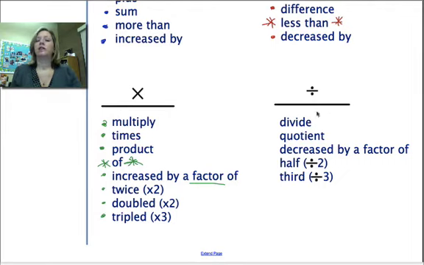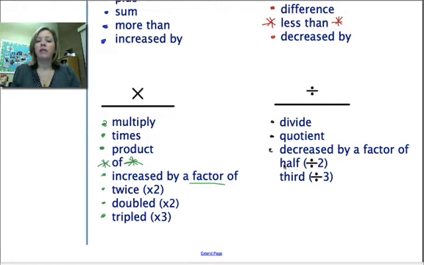Now let's look at division. Of course we have divide. Then we have the word quotient. So the quotient of 2 numbers is telling us to divide those 2 numbers. If we are decreasing by a factor, that's going to tell us to divide as well. And we have to be careful of this one because sometimes you could represent this as multiplication, sometimes you could represent it as division because those 2 operations are related, right?